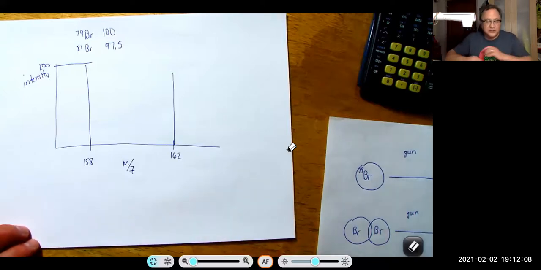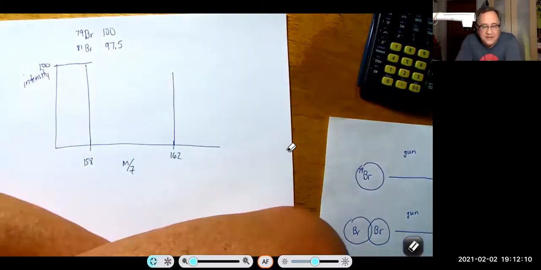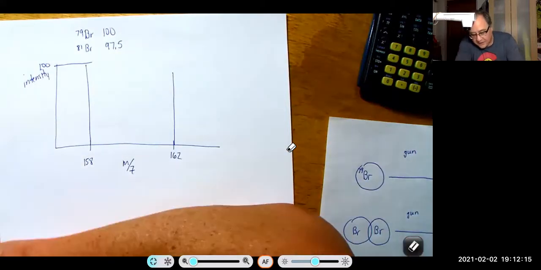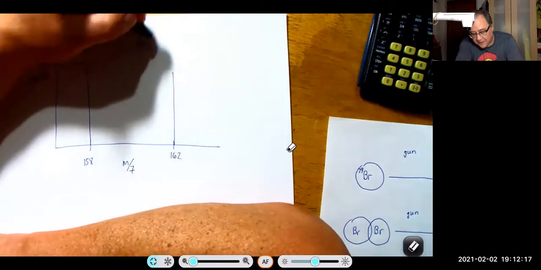So you should draw this in your lab notebook and then take a photo of it. And you might want to even put BR2 hypothesis.